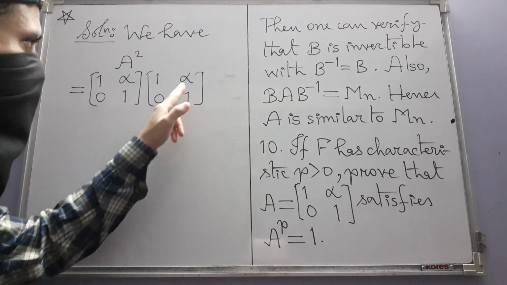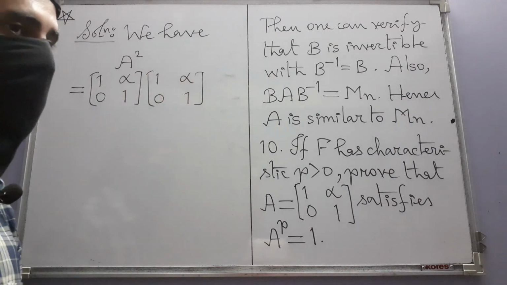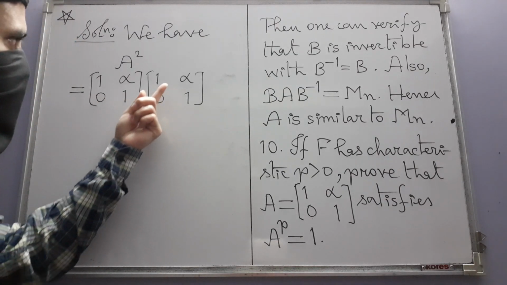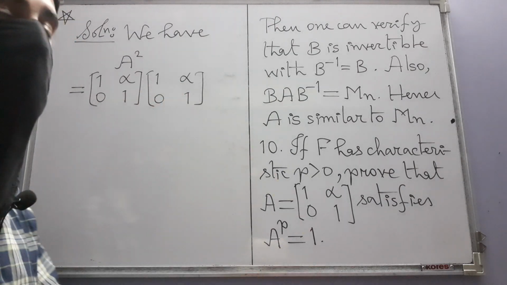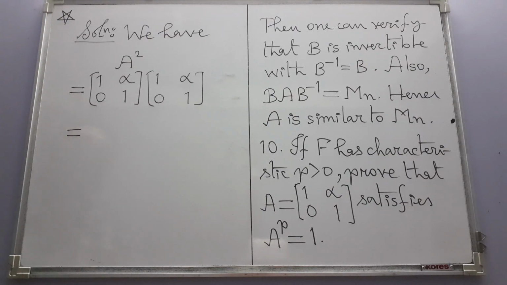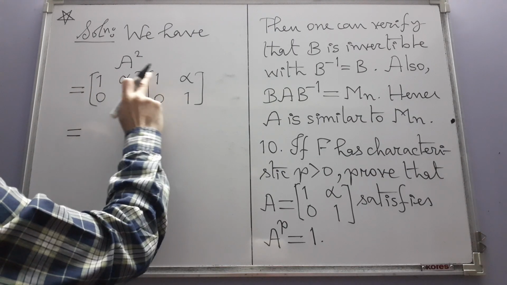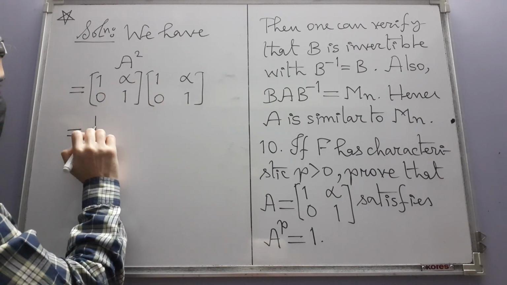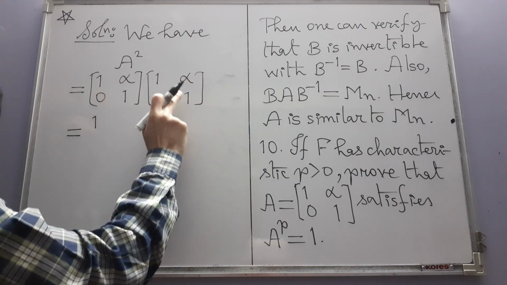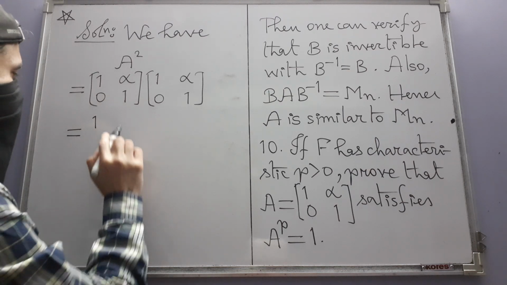Only this one will be changed, and that too, these two will be added. The effect of multiplying these matrices on this entry is addition, sum. Let's do the multiplication. First row, first column, 1 times 1 plus alpha times 0 is 1. 1 times alpha is alpha plus alpha times 1 is alpha. That means alpha plus alpha is 2 alpha.